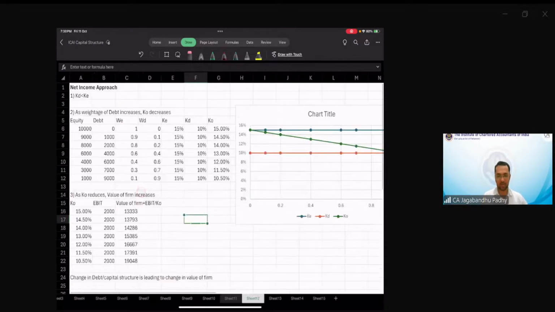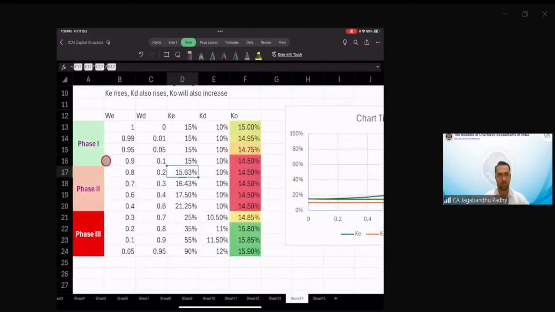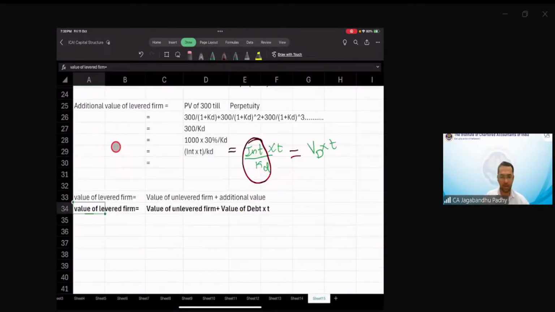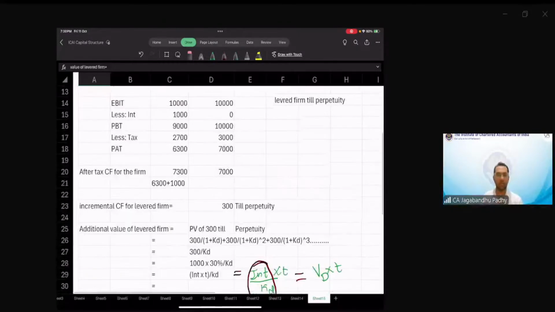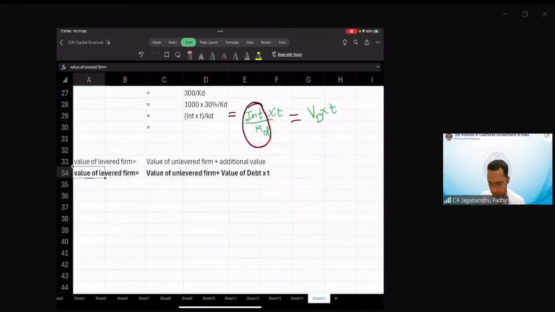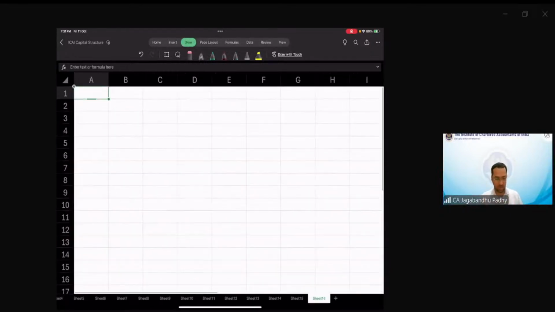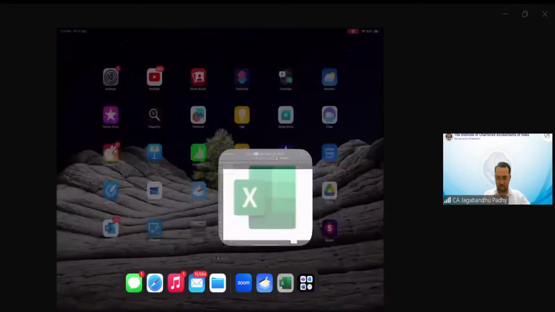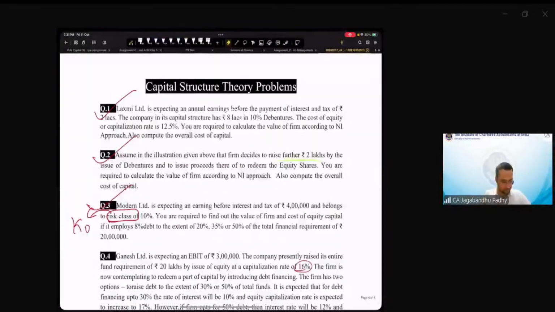Apart from that, the net income approach, the net operating income approach, then the traditional approach, and finally we had the MM model with the taxes, which was value of levered is value of unlevered plus the value of debt into tax rate. Now, let me just take up the next set of questions, let's look at this question list.